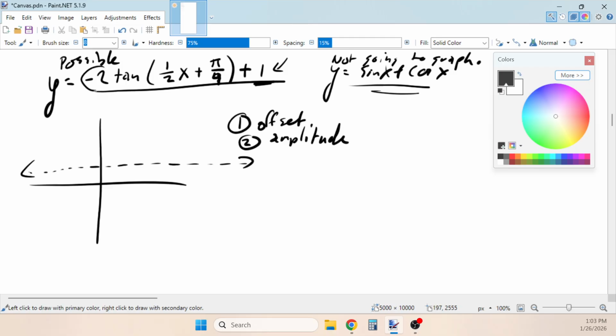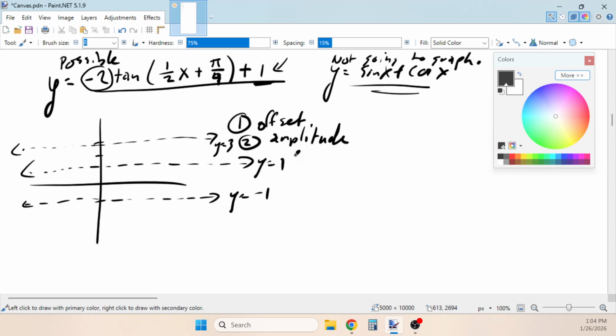It's going to be 2, and I'm going to have a reflection, so I'll have to pay attention. Go up 2, and we'll go down 2. y equals 1, and y equals -1.